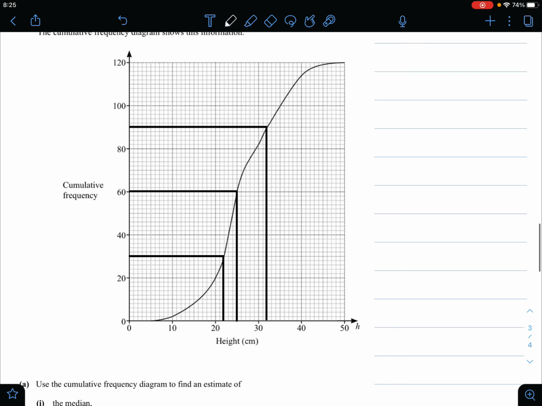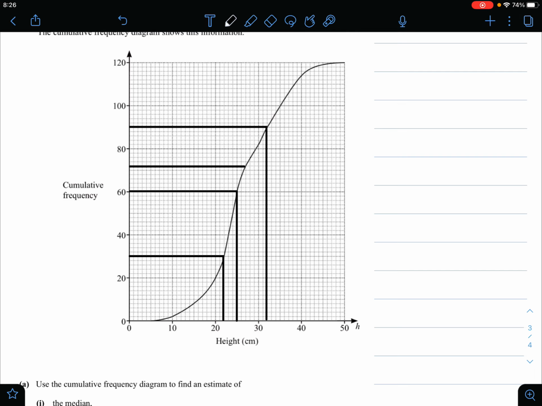So what you do is you simply find 60% of 120. So that is equal to 72. So the 72nd cumulative frequency mark would be right here. My bad, 72nd would be right here.